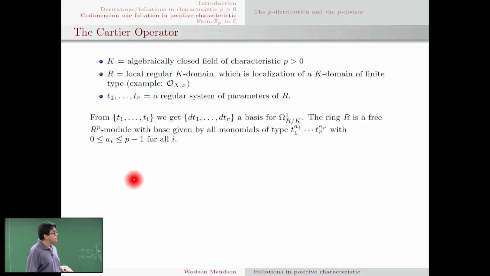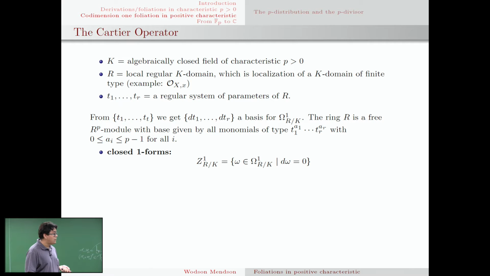From these elements here, we get a basis for this module of differentials. The module is free as an R-module with basis given by all monomials of this type, t1^a1 times tr^ar, with this condition here.